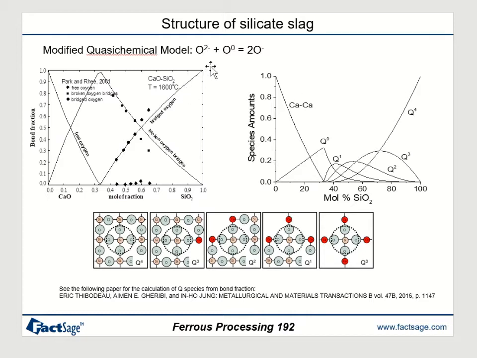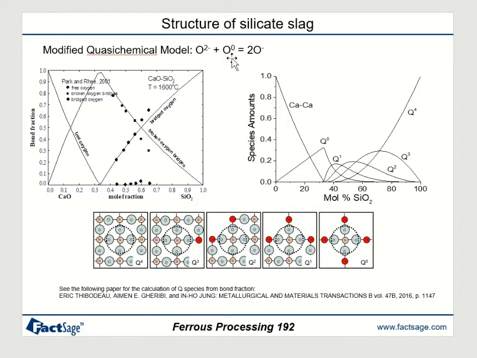In FactSage, we use the so-called modified quasi-chemical model to describe the Gibbs energy of the silicate slag. The key component of this model is considering the structure of the slag. As you know, in the silicate slag we have bridging oxygen, broken oxygen, and free oxygen.